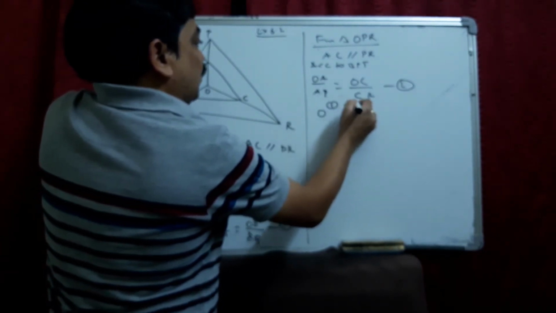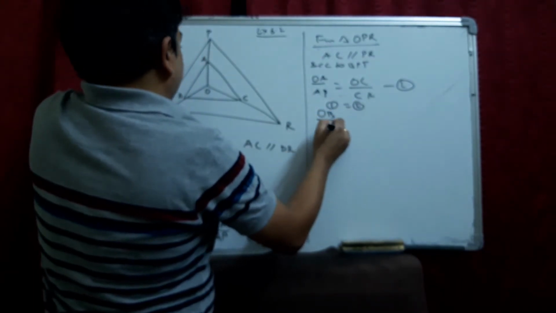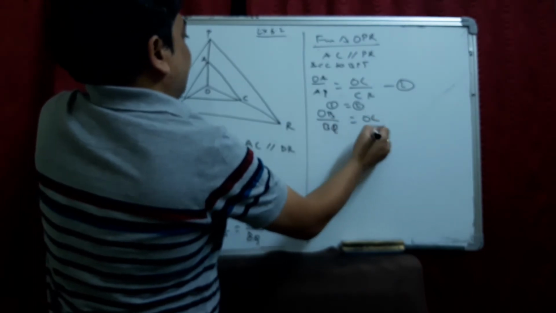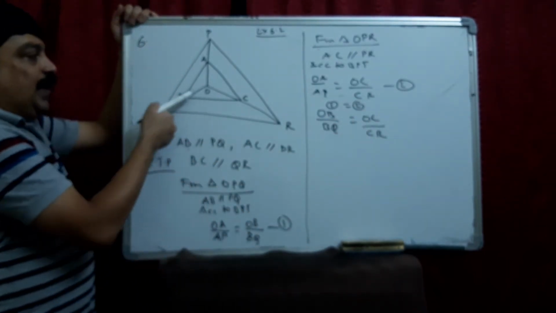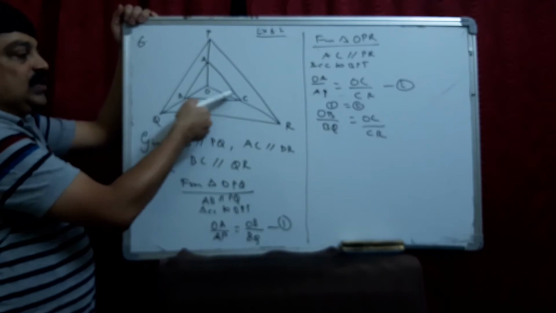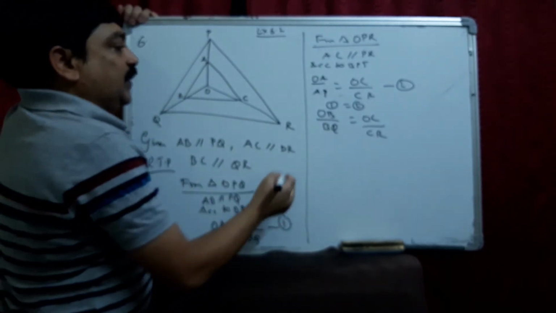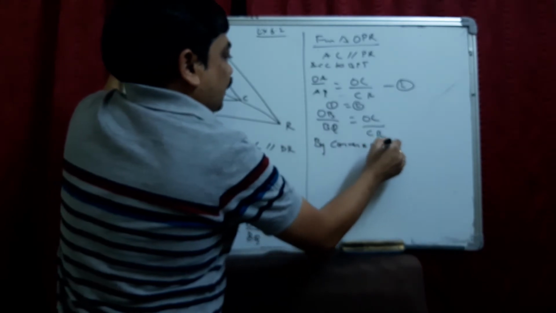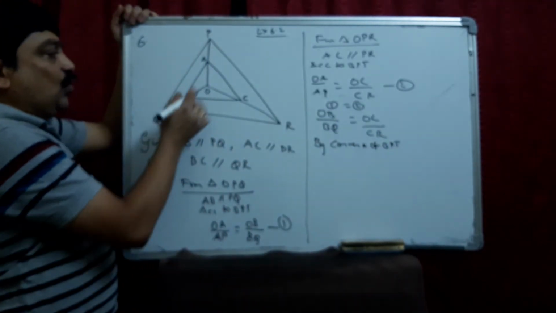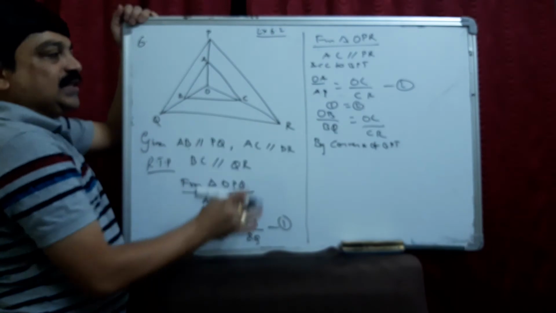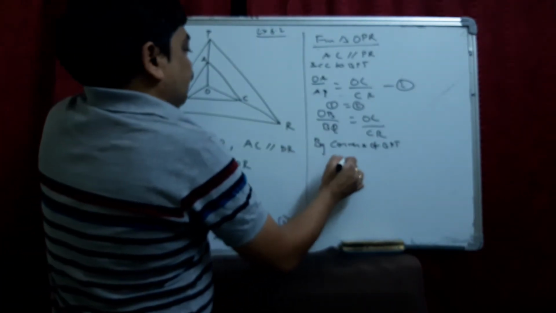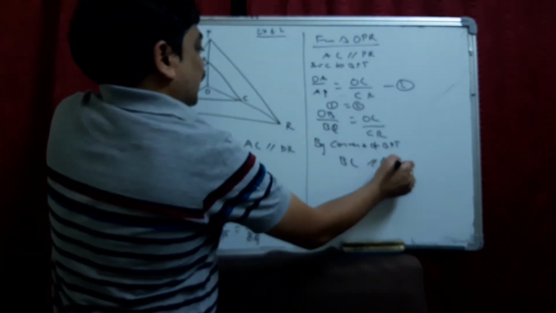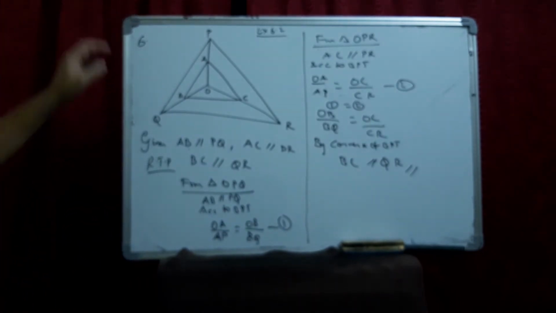Therefore 1 is equal to 2: OB by BQ is equal to OC by CR. Therefore, according to the converse of BPT, since OB by BQ is equal to OC by CR, BC is parallel to QR. Okay?